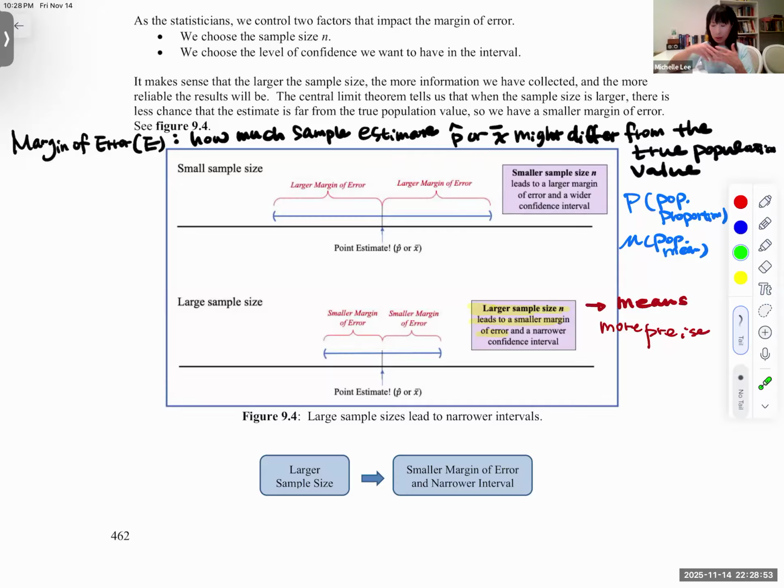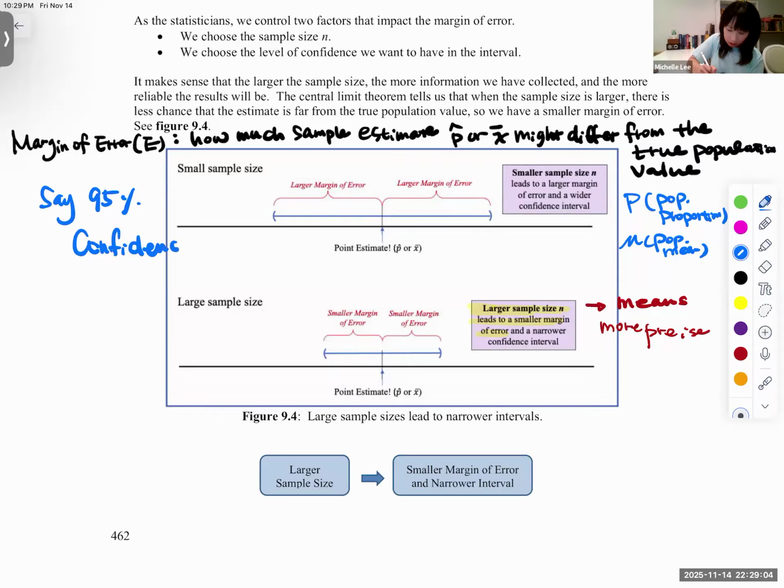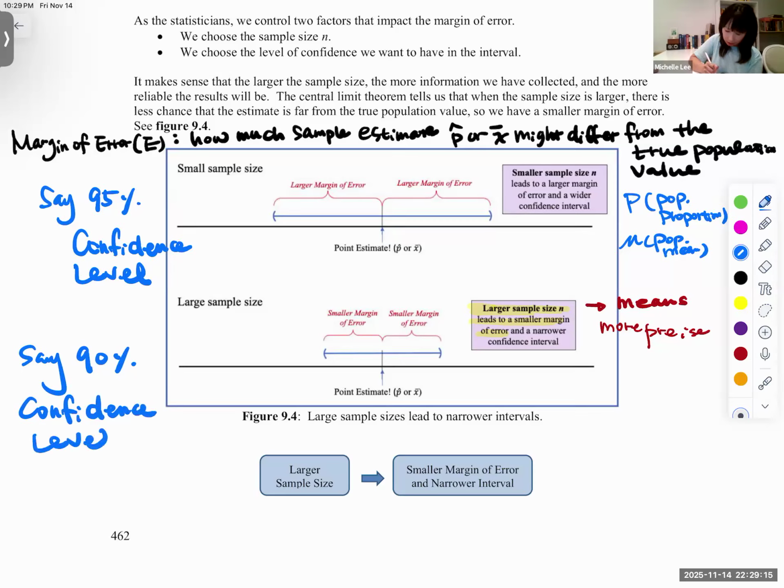Make sense? So if we say this is a 95% confidence level, and this is a 90% confidence level, the 90% confidence level is narrower than the 95% confidence level.